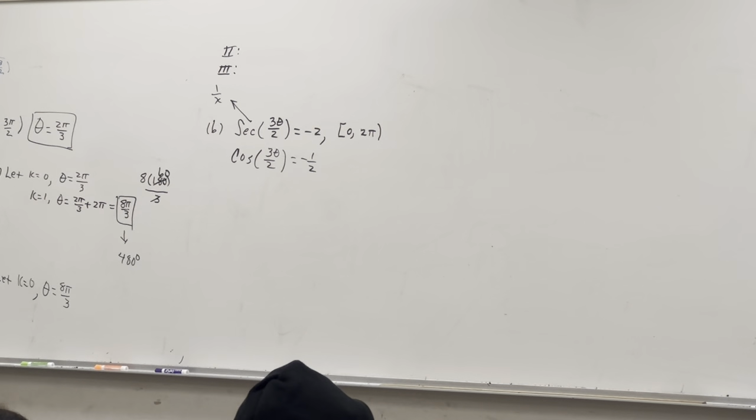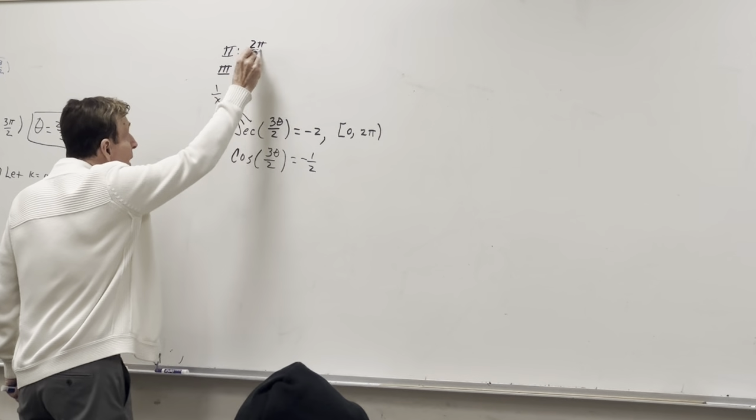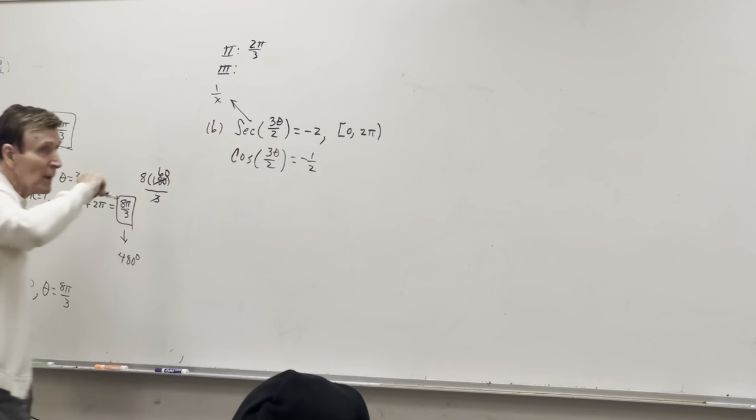5 pi over 6? Is it 5 pi over 6? Cosine is the x. You sure? Now there's 2 pi over 3, you guys don't mess up. 2 pi over 3.